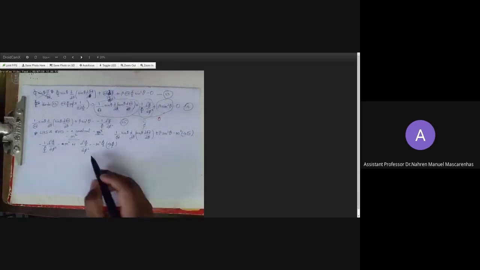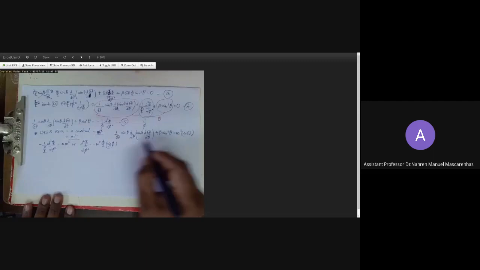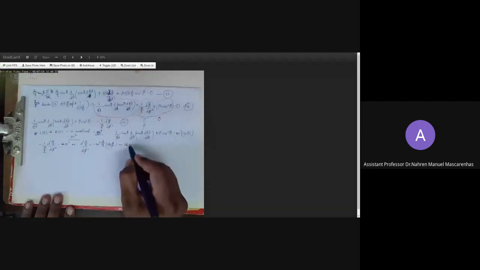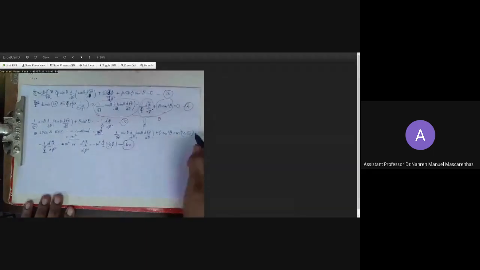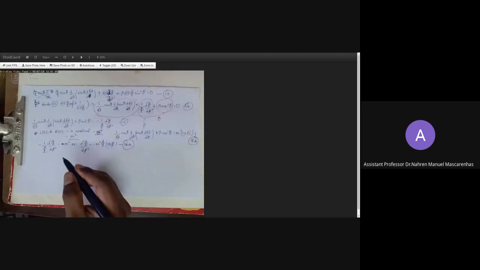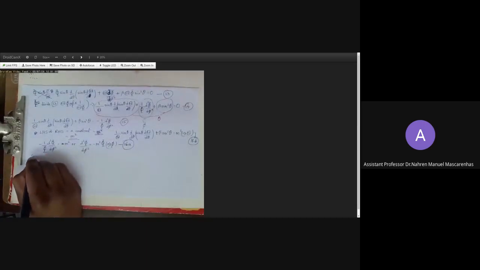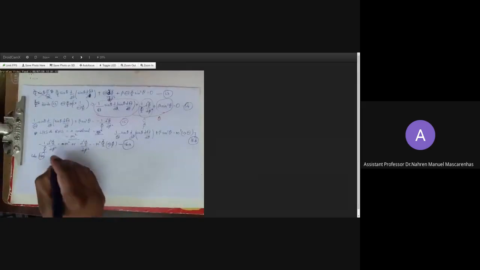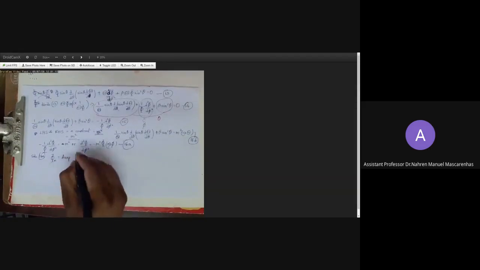Okay, so first let's solve this equation. Let's call this equation 16a and this equation 16b. So first we'll solve equation 16a. We know that the solution for this is capital phi equal to a exponential of minus i m phi.